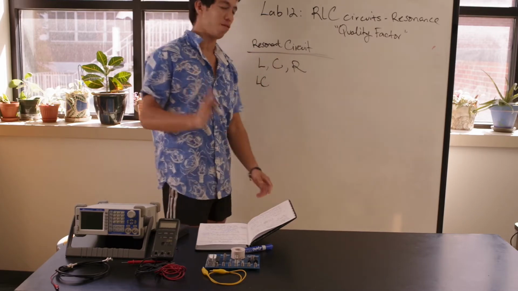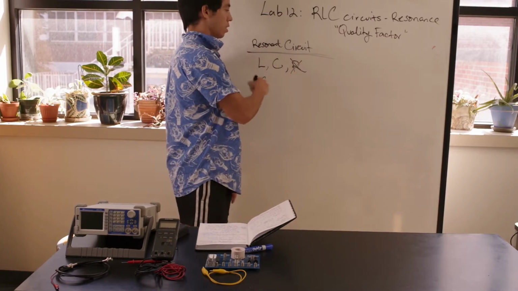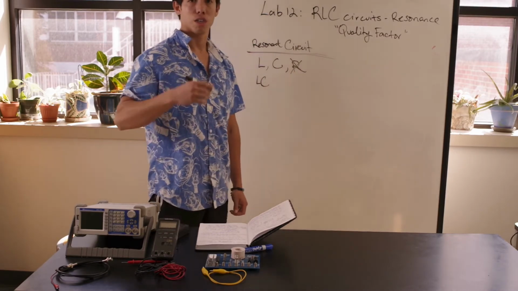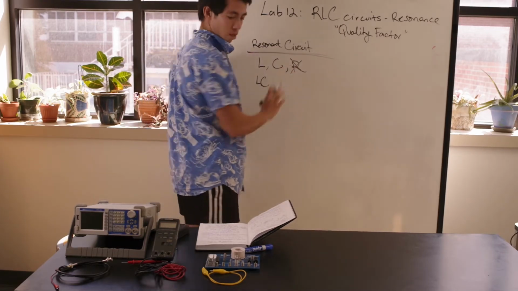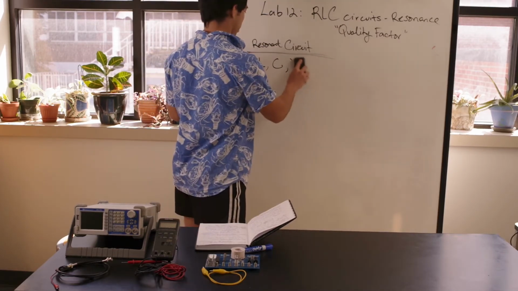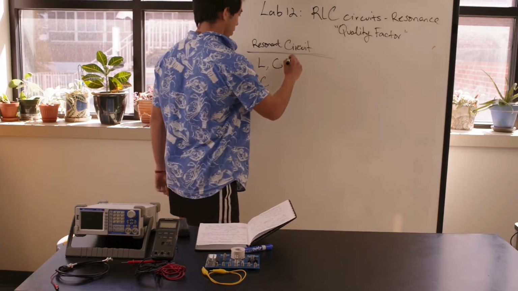So theoretically, if you got rid of the resistance, the LC resonant circuit should oscillate forever, but it's not the real world we live in, so we're going to use resistance here.